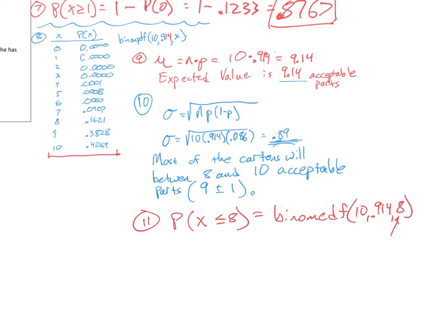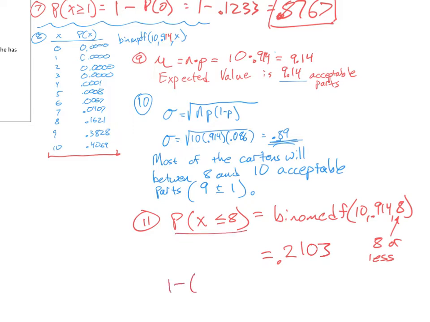This means 8 or less good parts, which means 2 or more bad parts. Using our calculator, we get 0.2103.